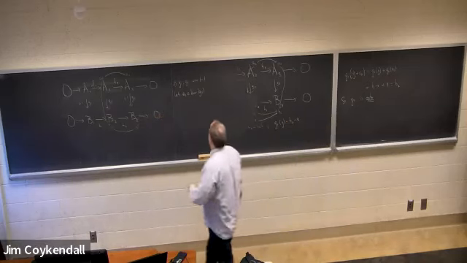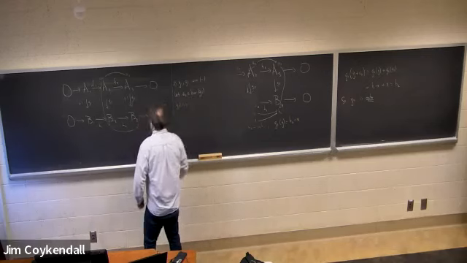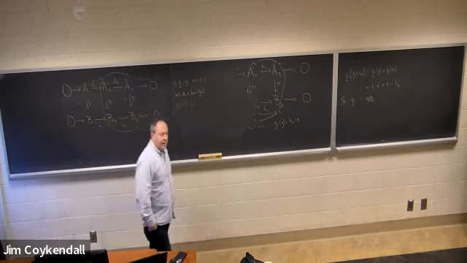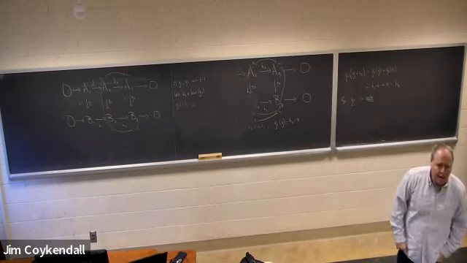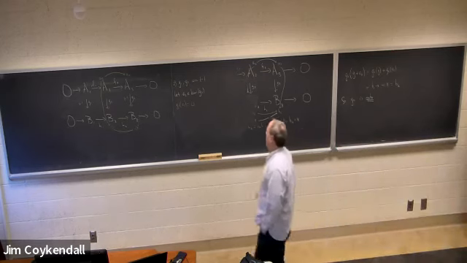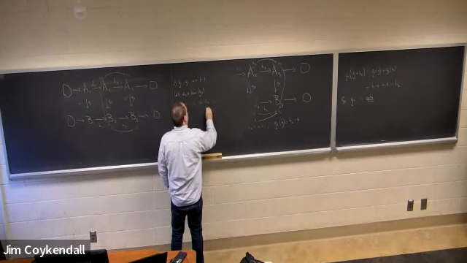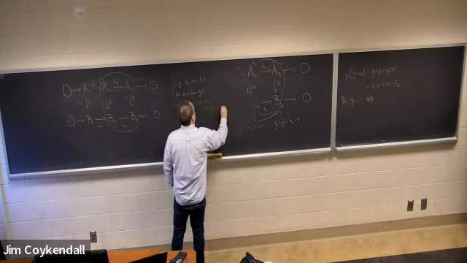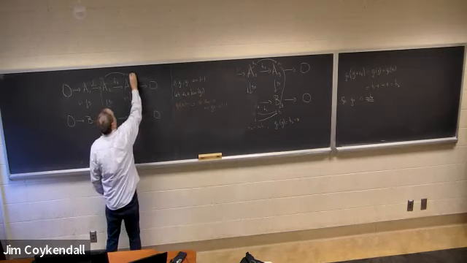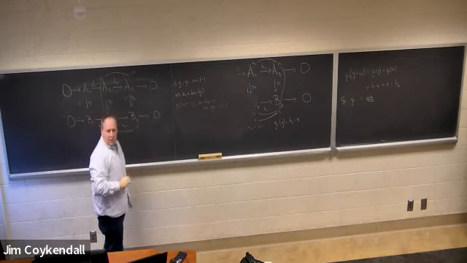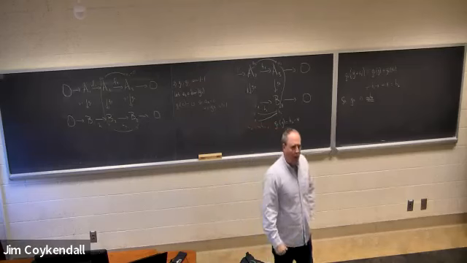So G3, what conclusion can I draw from that? A3 must be 0 as well. G3 was one-to-one, right, we assumed that. So this is actually 0. And that gives me more information, right?